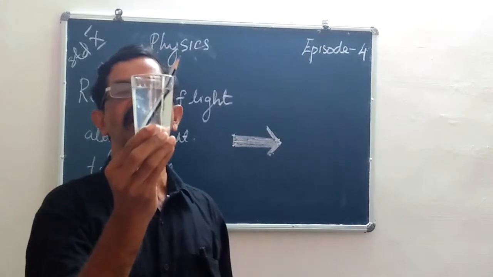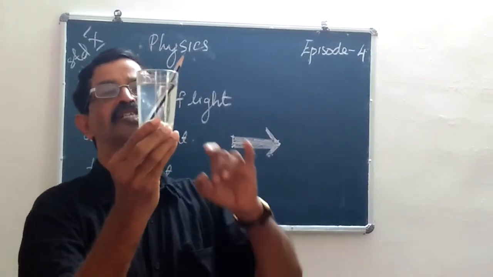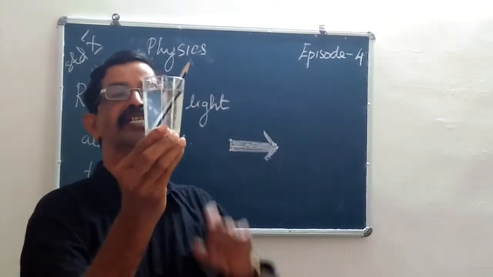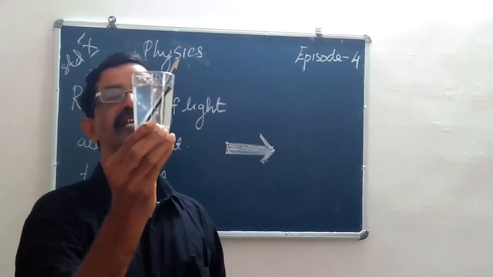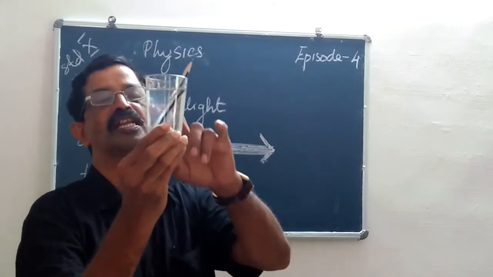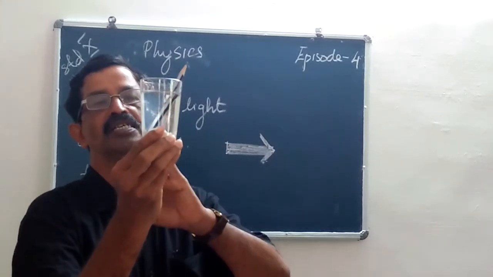The water is taken in a glass and a pencil is kept in it, and you can see there is a deviation of the pencil in the water.